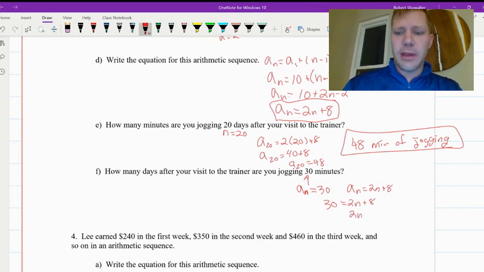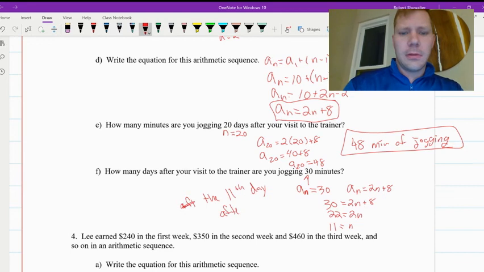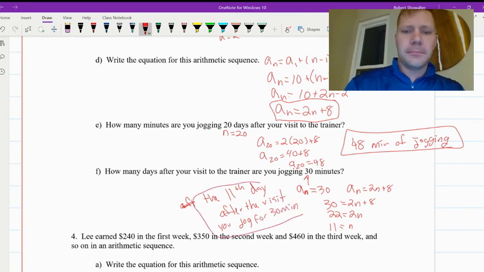And we solve it for n. We get n is 11. So on the 11th day after the visit, you jog for 30 minutes. Okay?